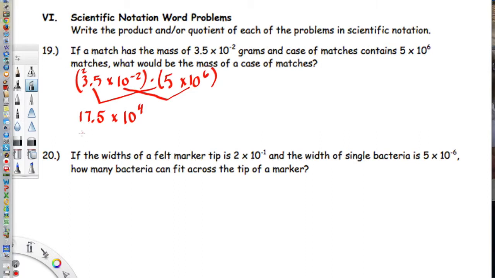This is not in scientific notation, so I need to move the decimal point 1 place to the left, times 10, and if I move it 1 to the left, I'm going to have to move it 1 to the right just to get it back to its original place, plus 4 more times. So that is 1.75 times 10 to the 5th power grams.